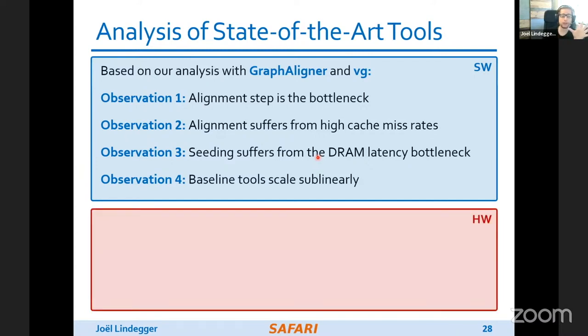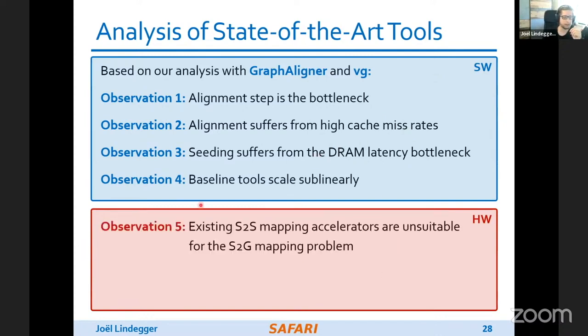Now, we also tried to find prior hardware solutions. Clearly, we complain a lot that software isn't efficient enough, it's not accelerated enough. We should look for whatever exists in terms of hardware solutions. Can we leverage existing sequence to sequence mapping accelerators? It turns out that sequence to sequence mapping accelerators cannot just directly be leveraged for graph mapping.